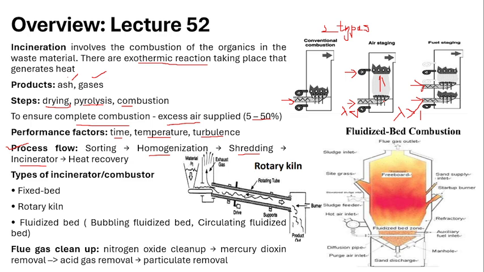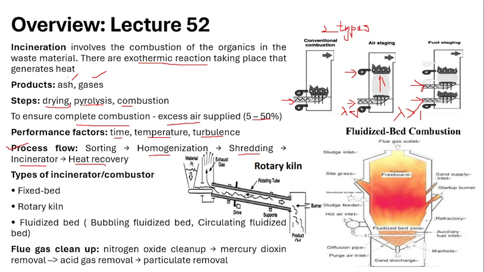We cannot just allow the heat energy to get lost into the atmosphere. So what we can do is recover the heat energy during the incineration process. This heat energy, like a hot gas, can be converted into steam. After converting the hot gas into steam, it can be sent to the boiler, and the steam can help rotate the turbine, which is further converted into electricity.